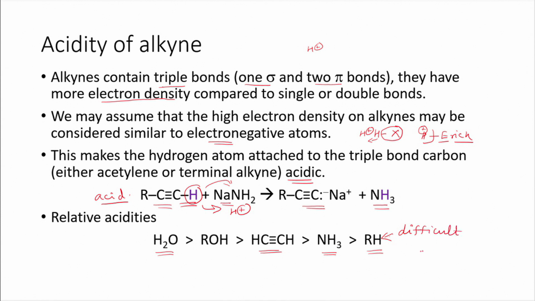So, if R and H plus, with R as R minus, if this break has to happen, then those kinds of systems can also be called acidic, provided this hydrogen can be easily replaced. Since alkyl groups cannot give away the hydrogens very easily, they are less acidic, whereas in the case of alkynes, they can easily give away the hydrogen. So, they are more acidic compared to alkanes.